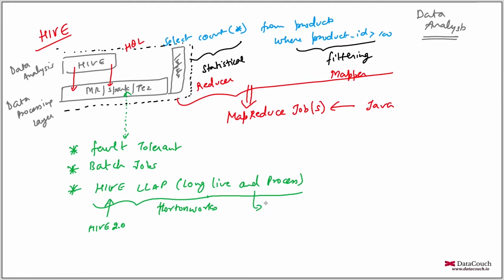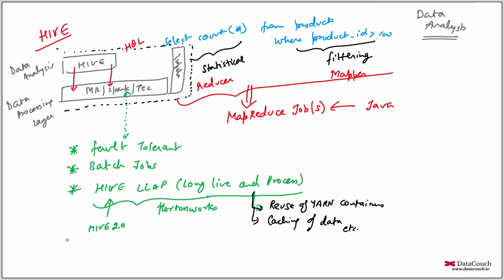It can do a lot of things because it has features like reusing of YARN containers. So it will not create a lot of JVMs; it will just leverage the existing JVMs. It is basically low latency. This is also achieved when we do caching of data, and the caching of data is done in the container. So that's why it is faster. There are many other reasons for Hive LLAP to be faster, but for the time being, just understand this is another release of Hive, and this is making Hive faster than the previous versions. It was supported primarily by Hortonworks.